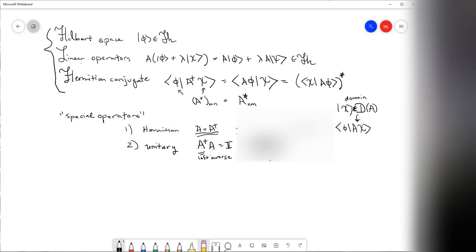But in principle, just because they have a left inverse doesn't mean that that's the same as the right inverse for infinite dimensional things. So the unitary definition, usually it's this one, but it also implies the other one.